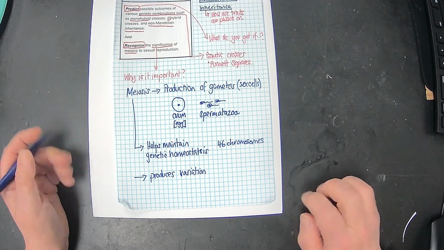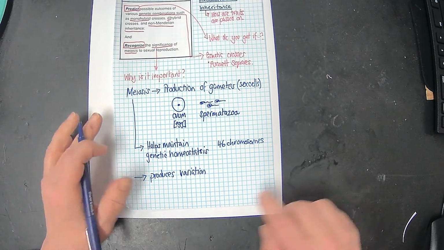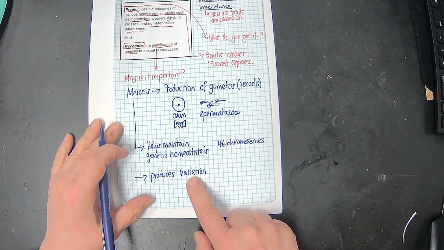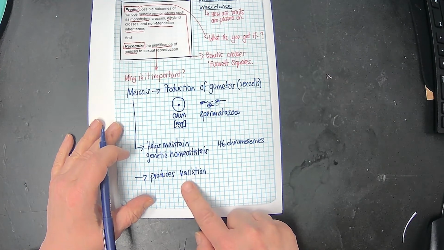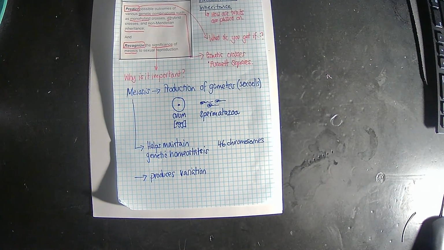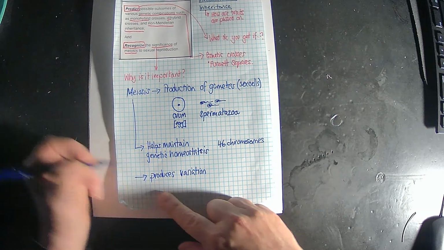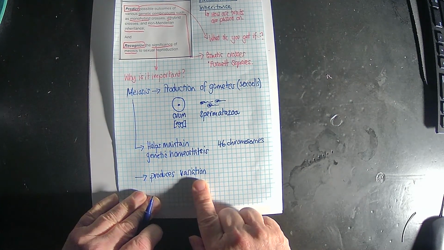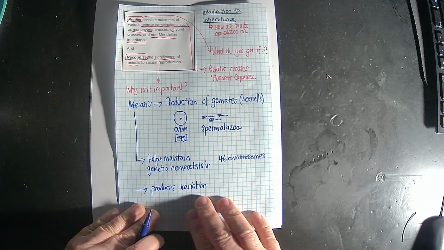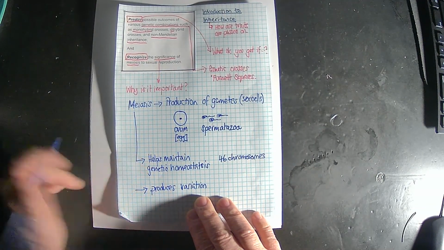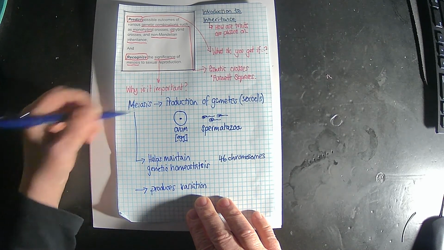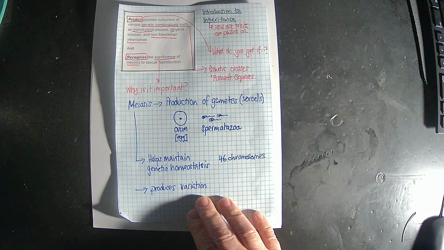If you have siblings with the same mum and dad as you, there may be fewer variations between them and you than between you and a person that lives in, I don't know, Australia that you are not related to. But meiosis is responsible for producing variations, small differences that make us all unique. It's responsible for making sure we have the right number of chromosomes in every generation, and obviously it's responsible for making sure that we have gametes at all, sex cells at all.